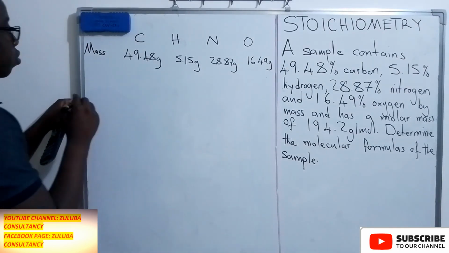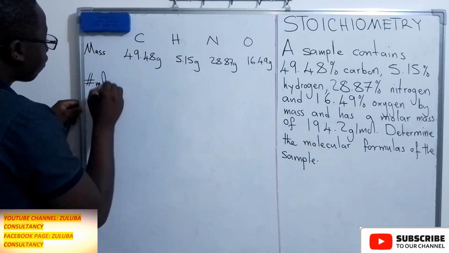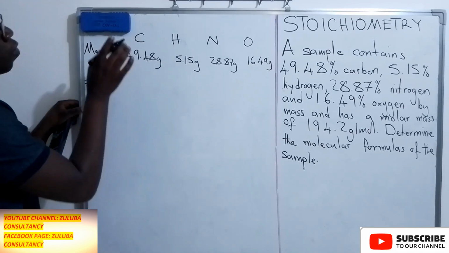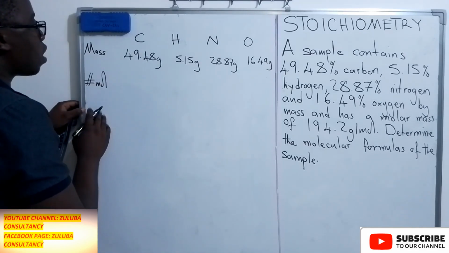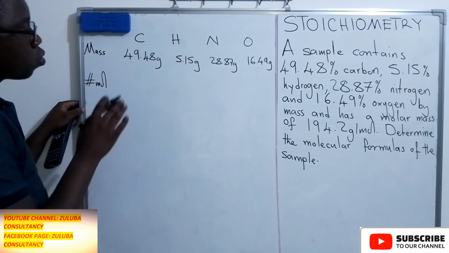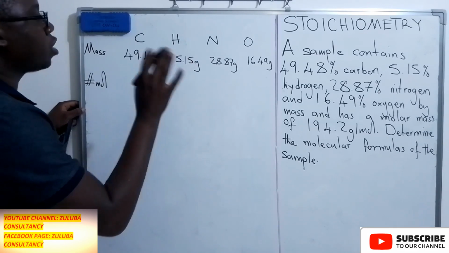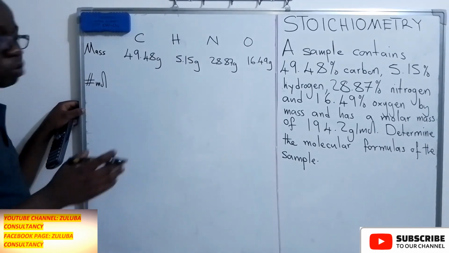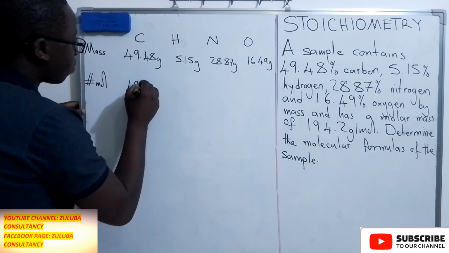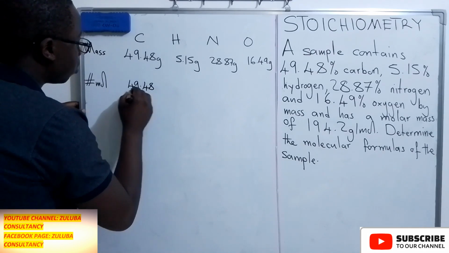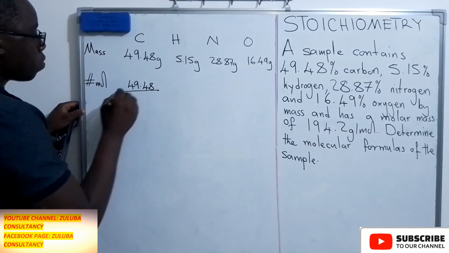After changing them into mass, we need to find the number of moles for each of the elements in this sample. So how do we calculate the number of moles? Number of moles is equal to the mass divided by the relative atomic mass of each element in the sample. Let's start with carbon: the mass is 49.48, divided by the relative atomic mass, which is 12.